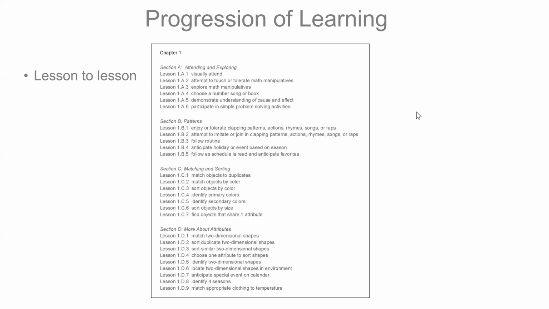So that lesson to lesson progression of learning is present, going from least difficult in Chapter 1, Section A, Lesson 1, to most difficult at the end of Chapter 12.